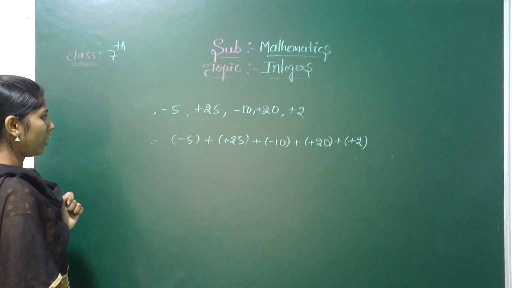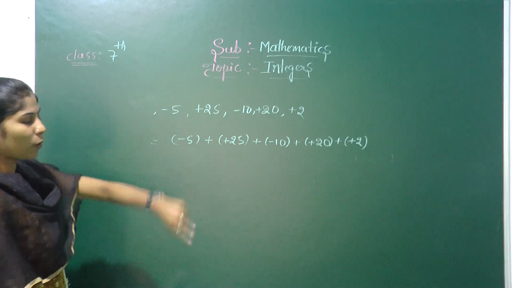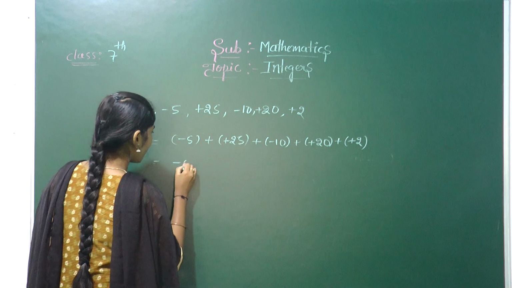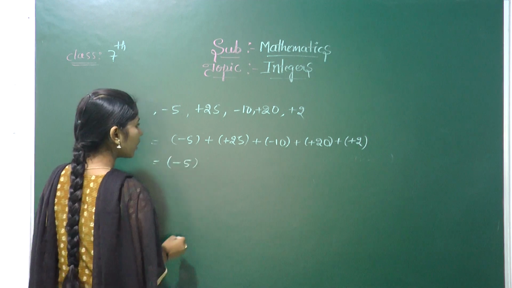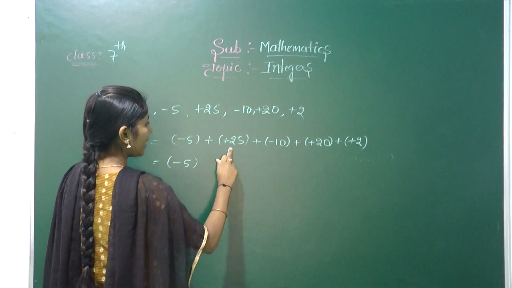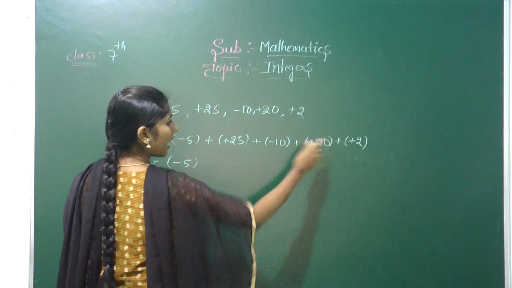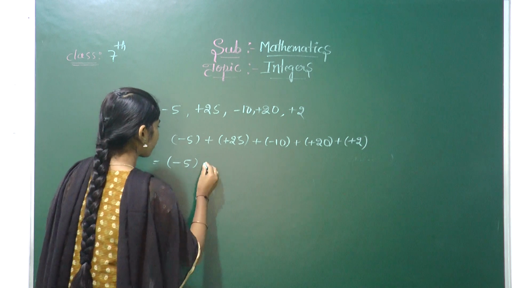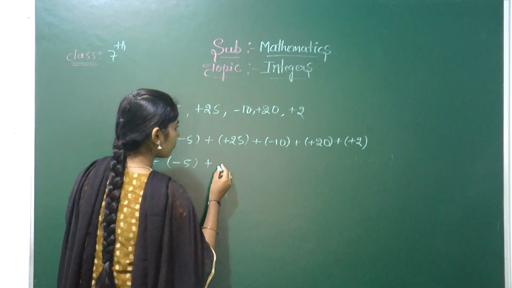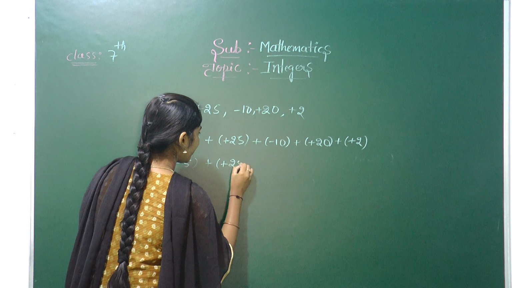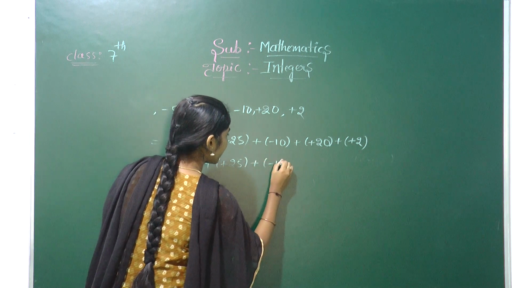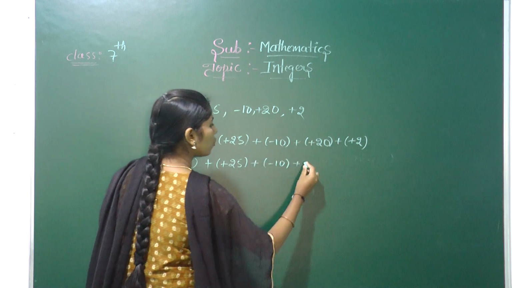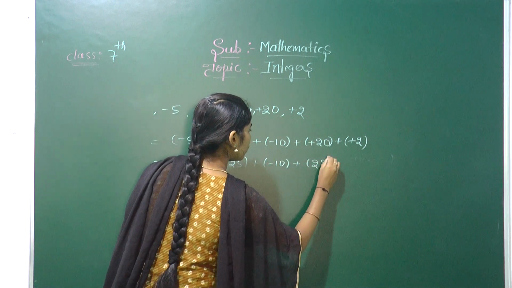First I will add all the positive integers here. Here this is minus 5, and plus 25, plus 20 and plus 2. Plus 20 plus 2 is 22.